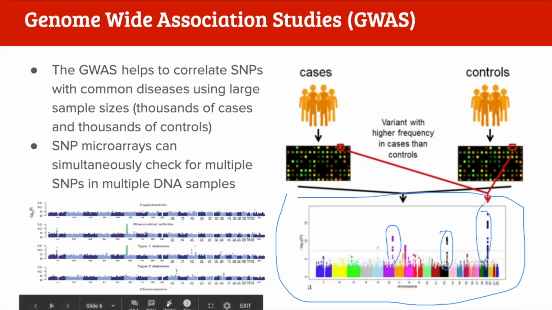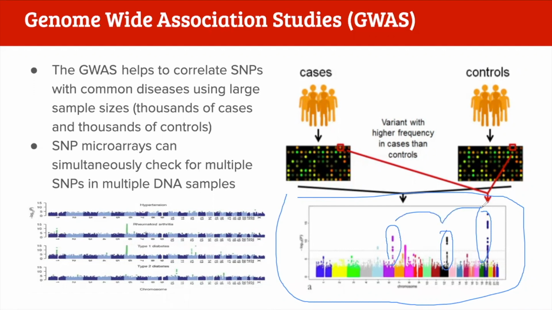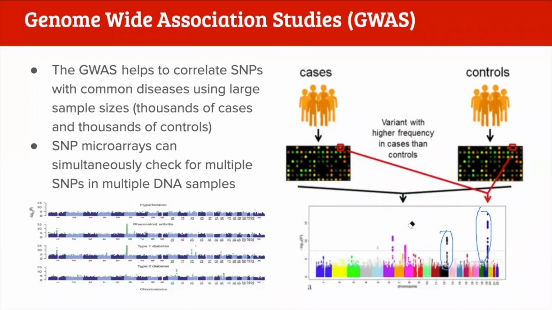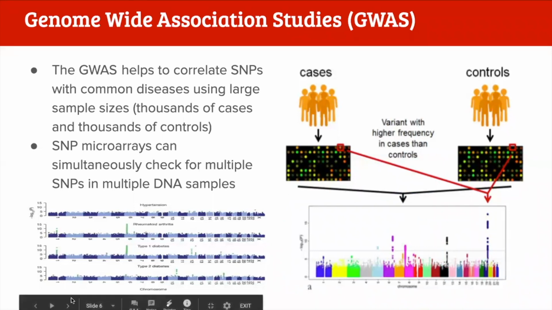So this basically indicated that there were SNPs here that were more frequent in the people with the disease. That led scientists to believe that these SNPs were responsible in either causing the disease, or causing someone to be susceptible to the disease. Okay, let's move on.